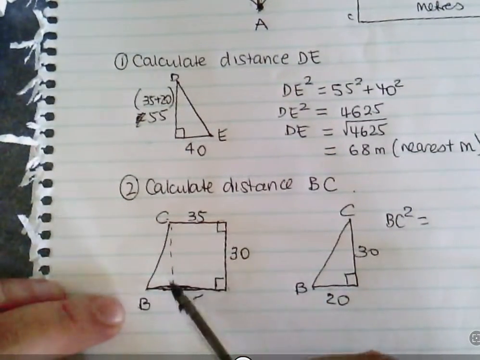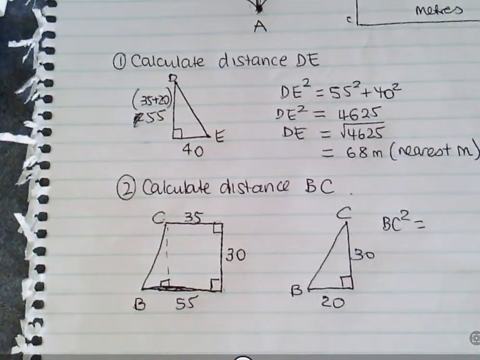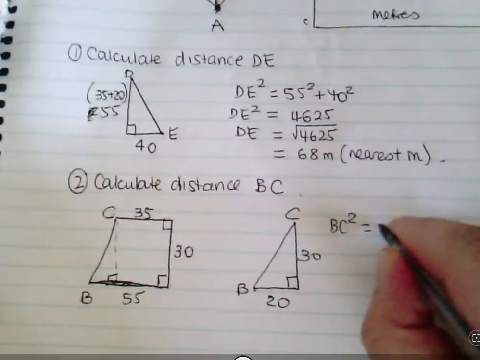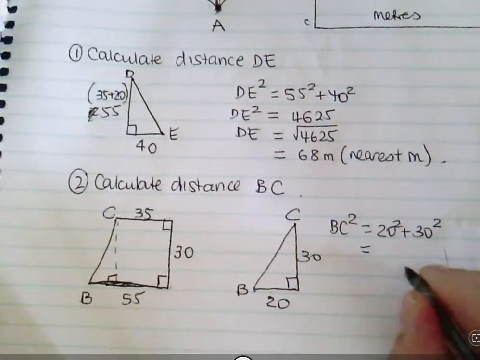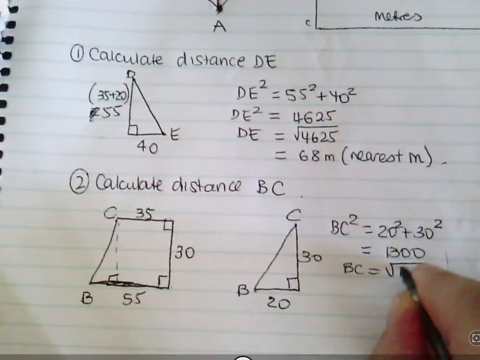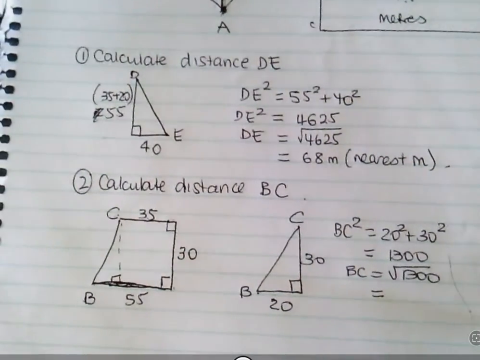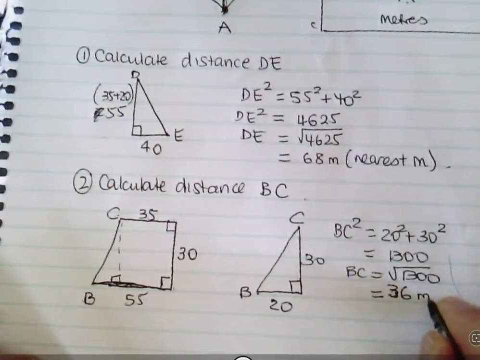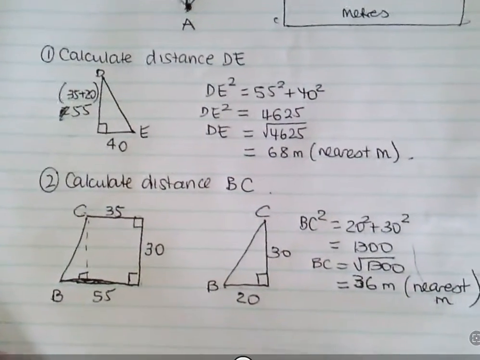I'm breaking this up into a right angle triangle because we're only using Pythagoras' theorem to do this. So therefore, BC squared is 20 squared plus 30 squared, which is 400 plus 900, which is 1300. So BC is the square root of 1300, which is 36 to the nearest metre. Okay.